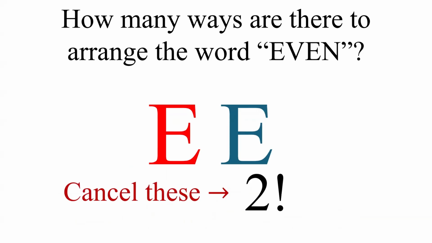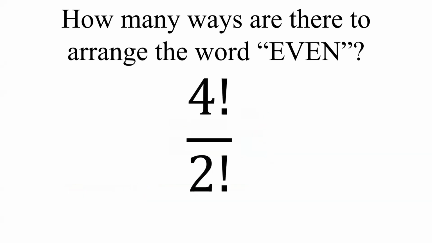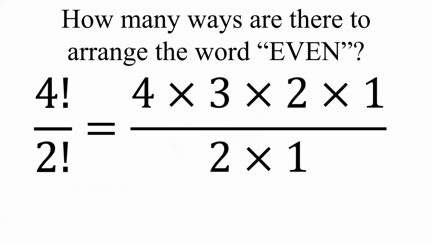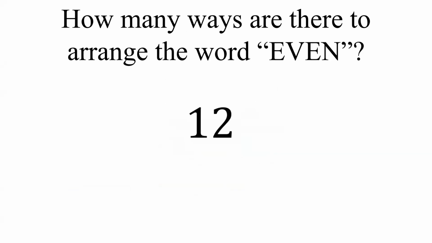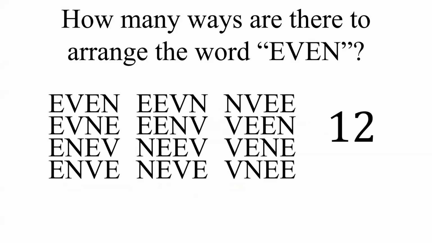If you want to cancel addition, you subtract. So if you want to cancel multiplication, we have to divide. So 4 factorial divided by 2 factorial, which is equal to 4 times 3 times 2 times 1 divided by 2 times 1, which is equal to 24 divided by 2, which is 12. Now this aligns with what we have counted manually.